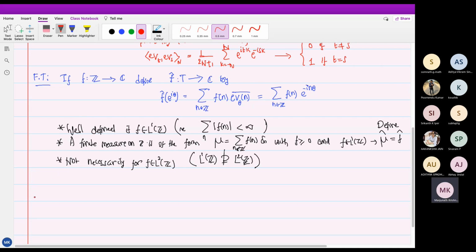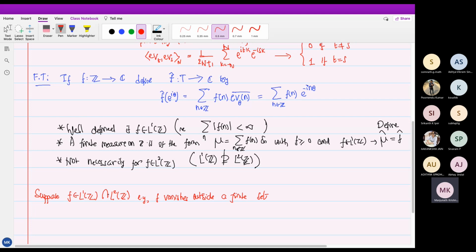Suppose f is in L1 of Z intersection L2 of Z. For example, take a function f which vanishes outside a finite set.